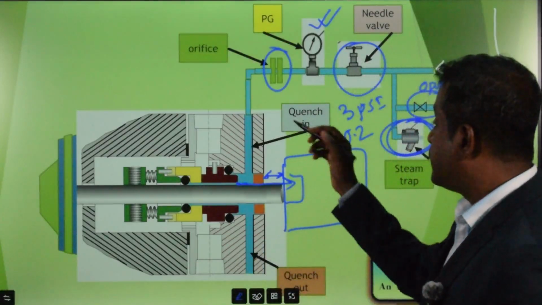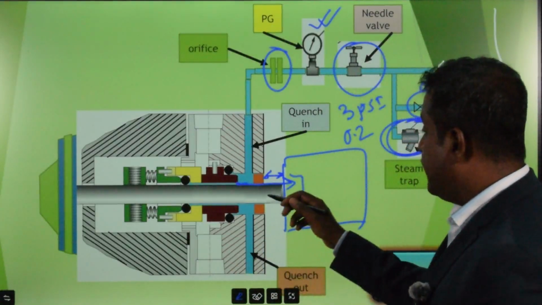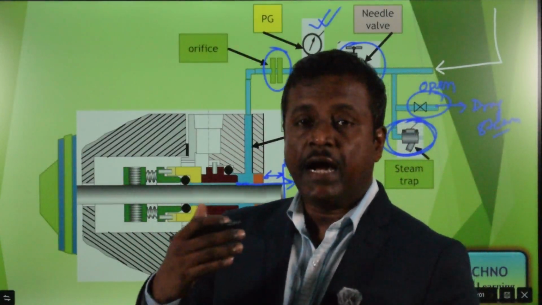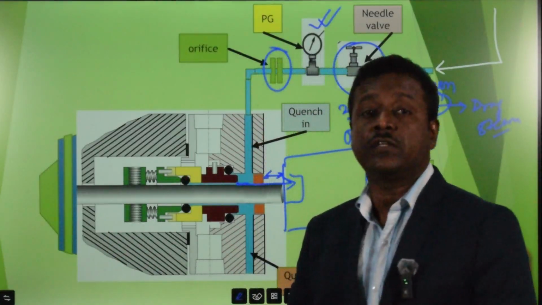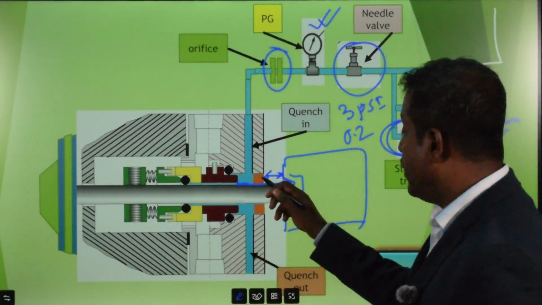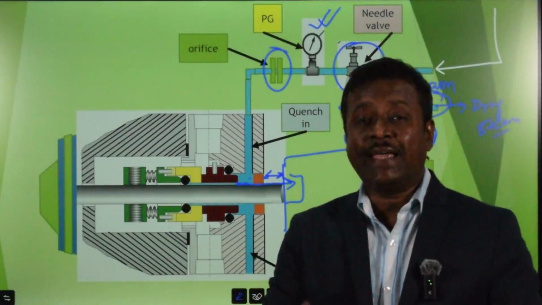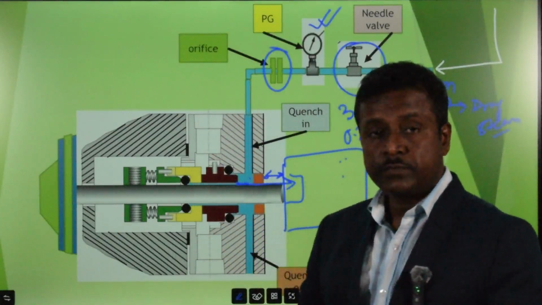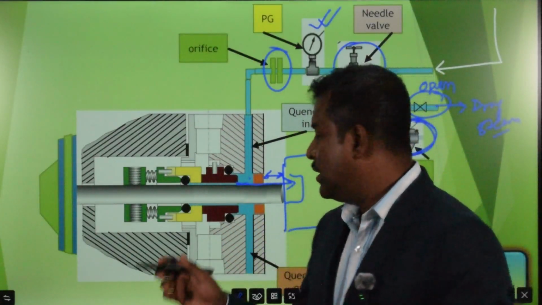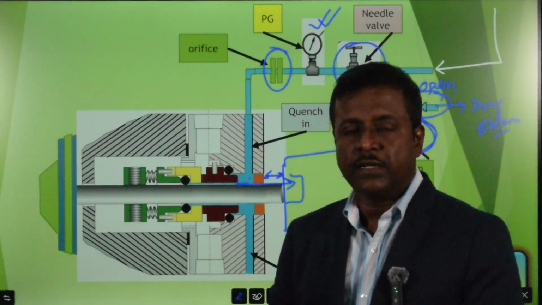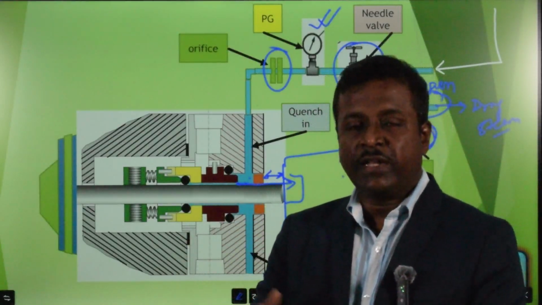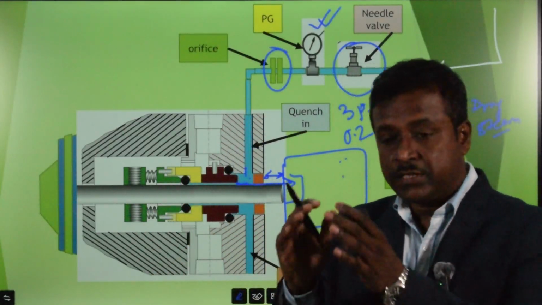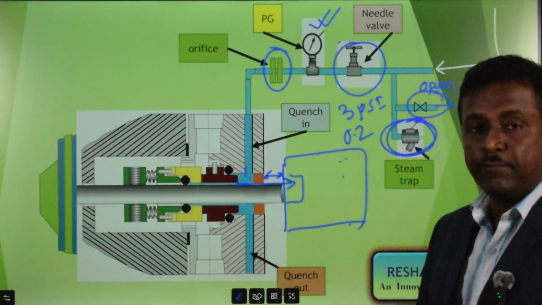Another benefit of this steam quenching is, if your product is very crucial in a high temperature region and auto ignition may occur, in that case also the steam provides a blanket, a barrier in between atmospheric oxygen and your seal chamber. So if light leakages are there, they will not auto ignite, because steam will automatically flush out this leakage material to the drain port.